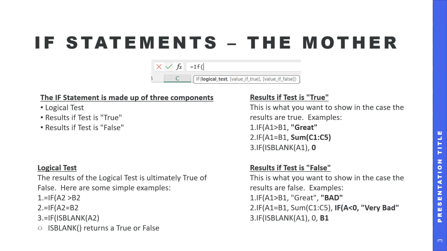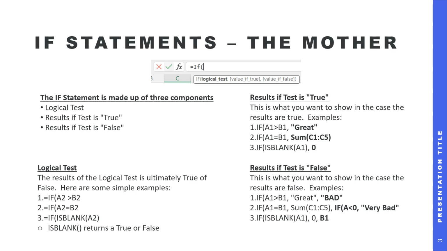All right. So next, if the result of the test is true, then you want some action to happen. A few examples. If A1 is greater than B1, we want to say great. In this instance, if in A1 there's a 5 and in B1 there's a 1, it's going to show great. Next example, if A1 equals B1, then we want to sum a certain range.